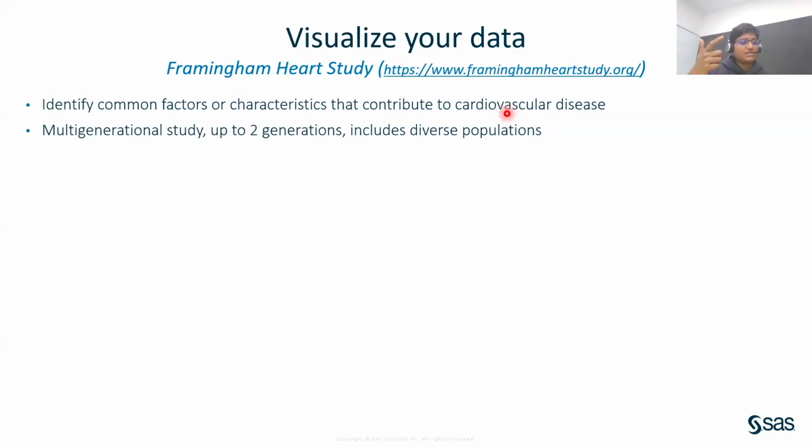Right, so it's considered a multi-generational study, and the moment you talk about multi-generational studies, it also comes under the very broad area of longitudinal studies in not just healthcare and life sciences, but you have a similar study design available across different industries out there. One of the best parts is here you're not limiting it to one set of population, but trying to include as diverse populations as possible.